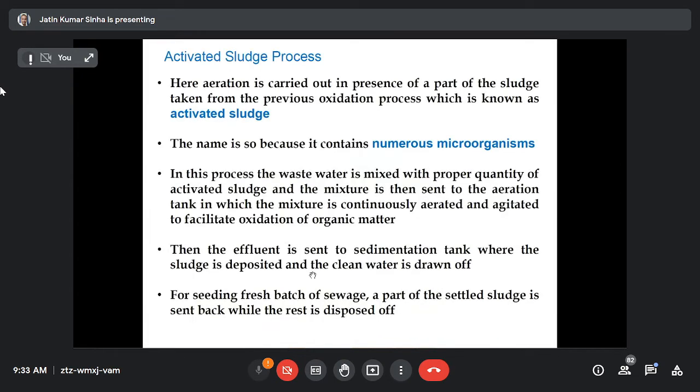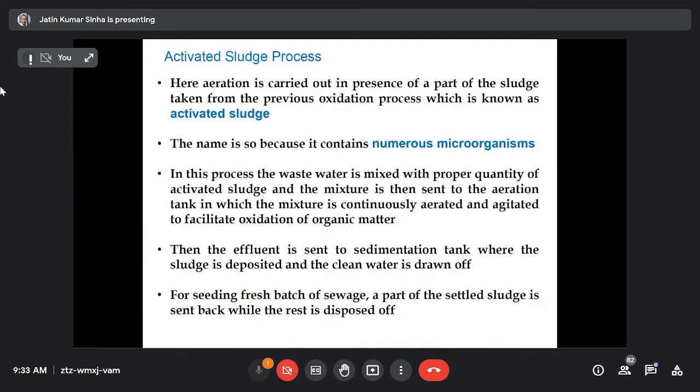The next one is the activated sludge process. That is another biological treatment method. Here aeration is carried out in the presence of part of the sludge taken from the previous oxidation process, which is known as the activated sludge. You can take it from the bottom of the trickling filter.